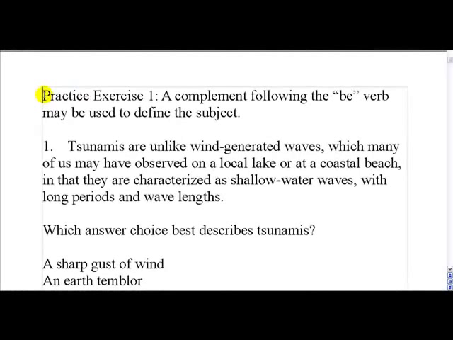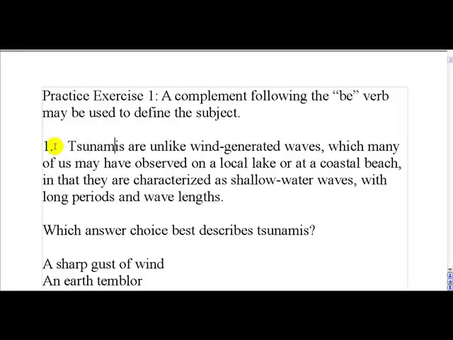Practice exercise 1. A complement following the be verb may be used to define the subject. Now, when you're seeing this particular paragraph, it says tsunamis are unlike wind-generated waves, which many of us have observed on a local lake or at a coastal beach, and that they are characterized as shallow water waves with long periods and wavelengths.